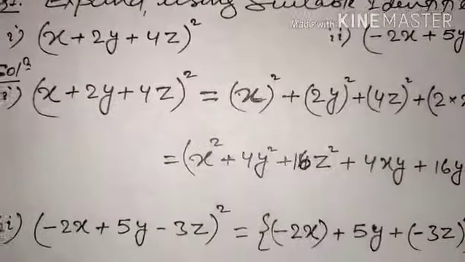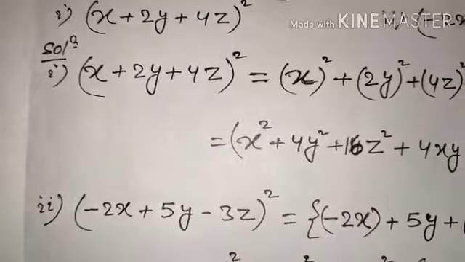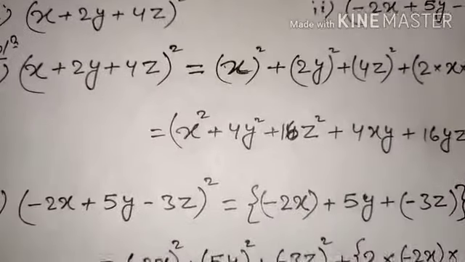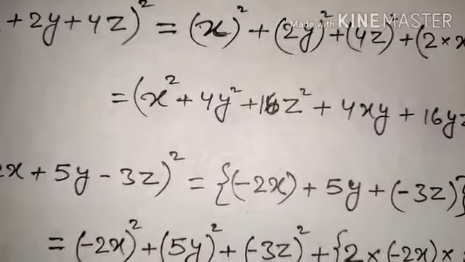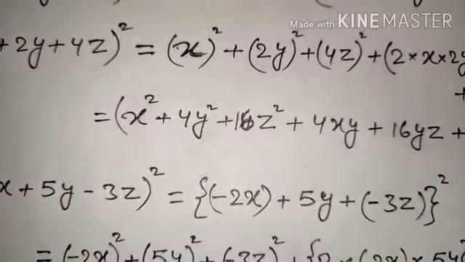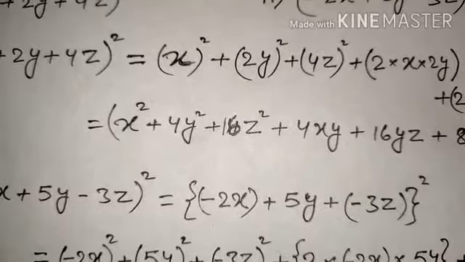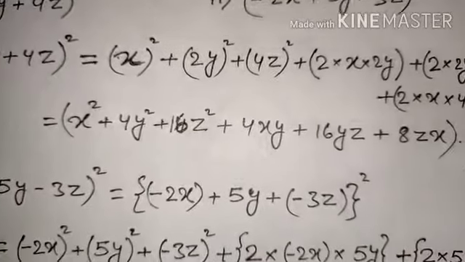Okay, I hope the next part will be okay. So x square plus 4y square, and the square of 4z will become 16z square, that I had done over there.